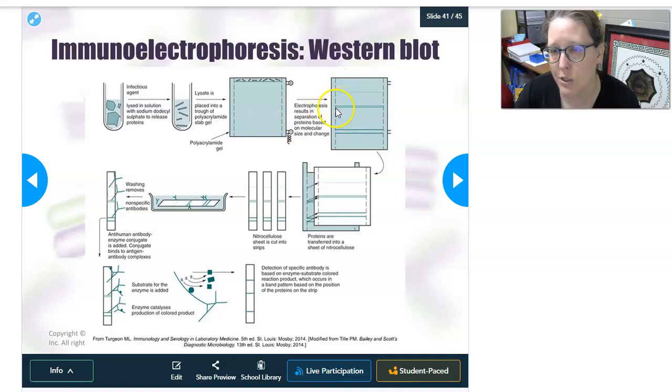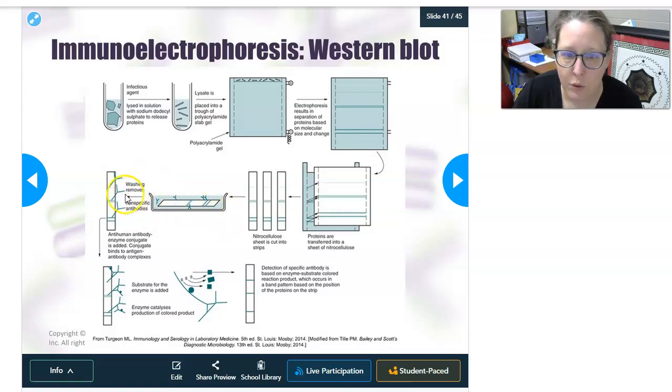Because of their size and charge, they will stop at different areas of the gel. Then you take a nitrocellulose paper and you blot it, or you sandwich it on top of the gel, and that picks up the proteins that were separated in the gel onto the paper. Then you can cut them in strips, and you can react them with the antisera antibodies to those protein bands.